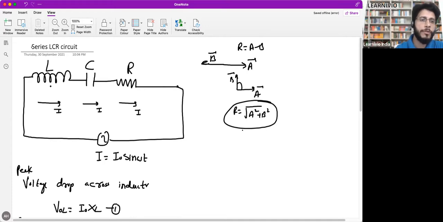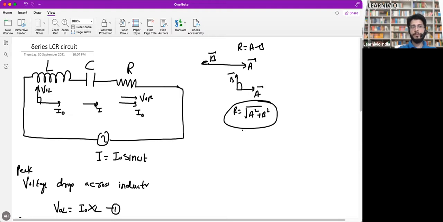Do you remember what the phase difference between current and voltage is in an inductor? Are they in the same phase? In a resistor, they are in the same phase. Current and voltage are in the same phase. What's the phase difference between them in an inductor? 90 degrees. So in an inductor, current lags the voltage, or you can say voltage leads current.